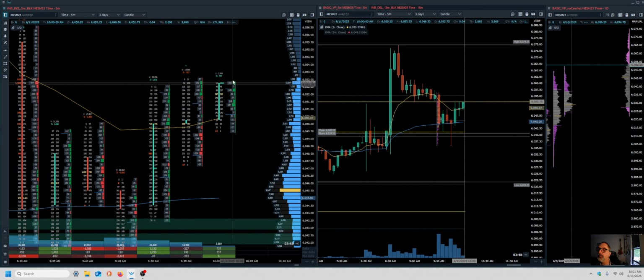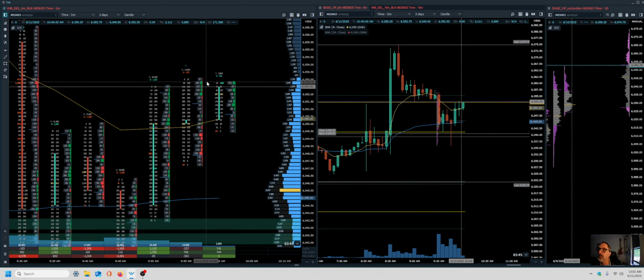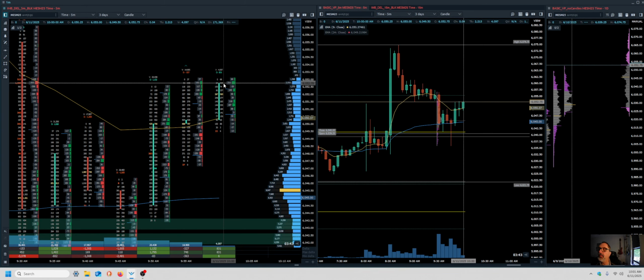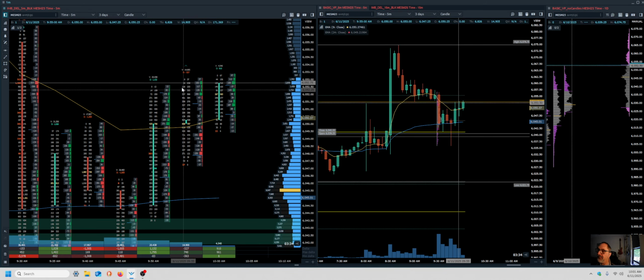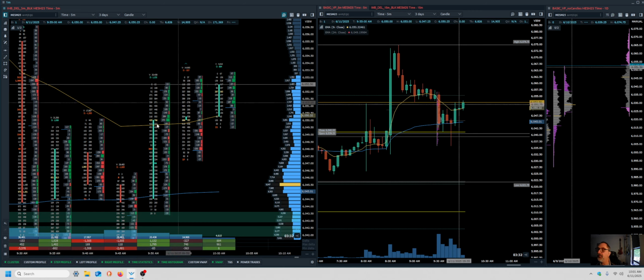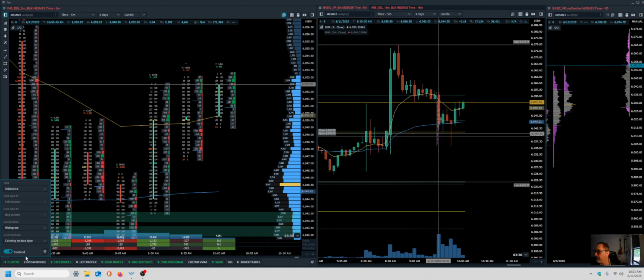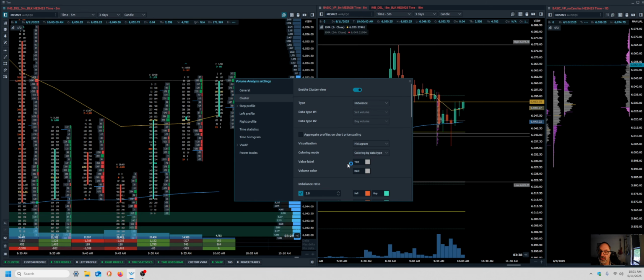So I don't know if this would be a good area. We're getting a lot of positive delta up in here, and we have a buying imbalance. Okay, so now sellers just came in. You see that? Buying imbalance. Sellers came in. And I have this actually set now for 300%. I believe 3.0. Let's see. Yeah, 3.0.